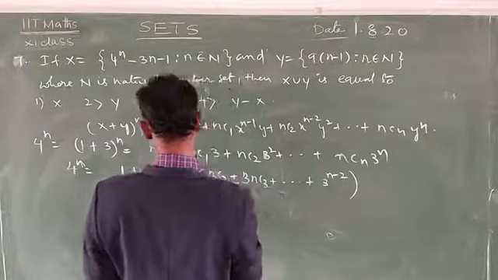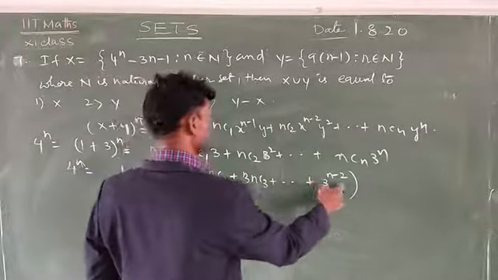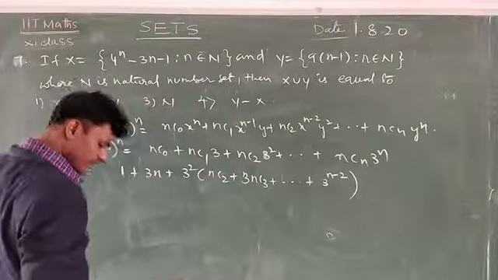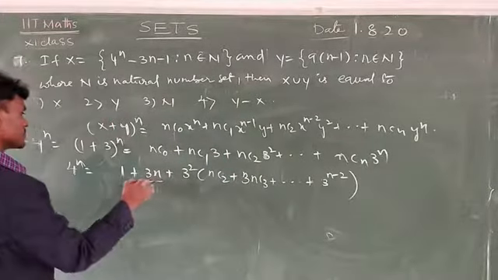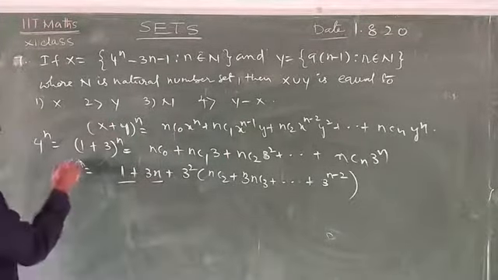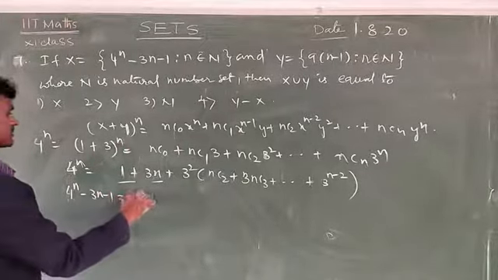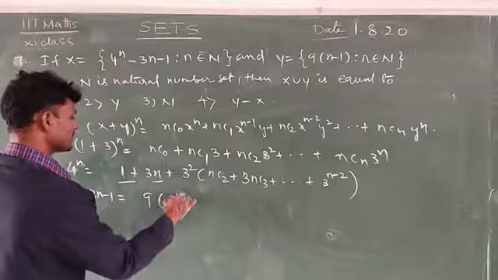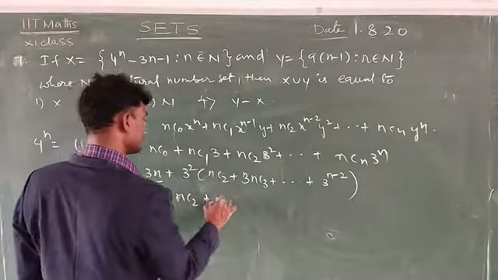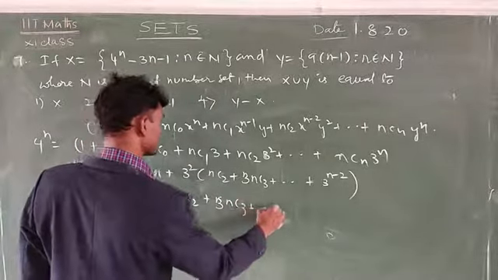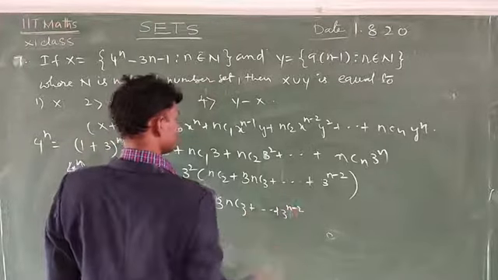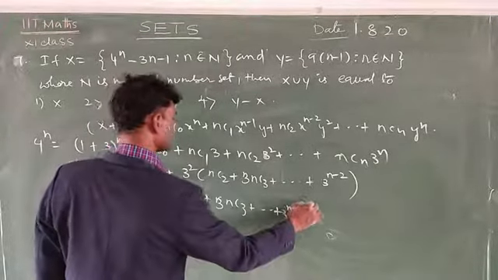Already we take 3 square common, that's why 3 power n minus 2. Now these two terms send to the left side, then 4^n minus 3n minus 1 is equal to 3 square, 9 into nC2 plus 3 nC3 plus up to so on 3 power n minus 2.